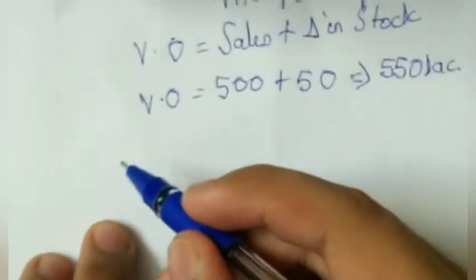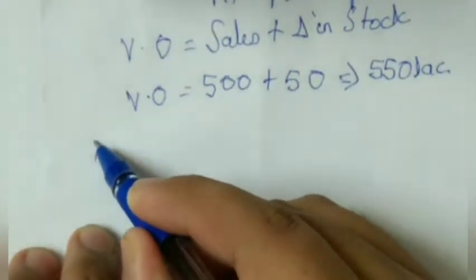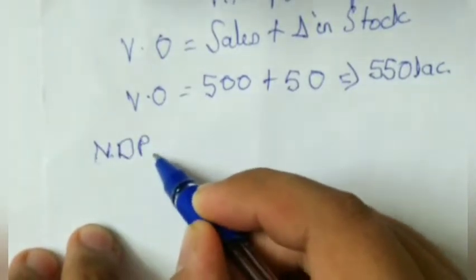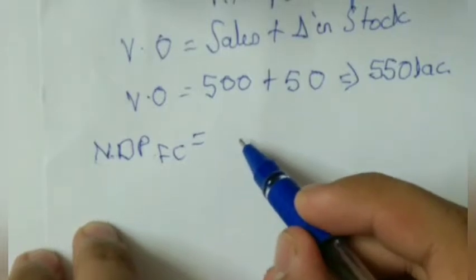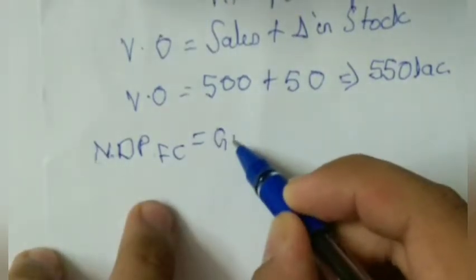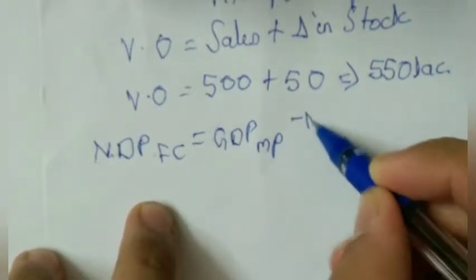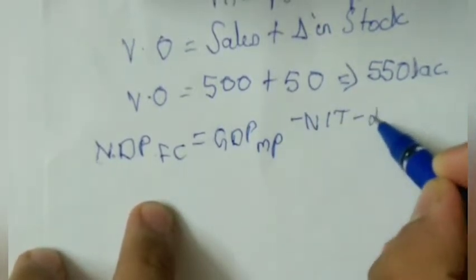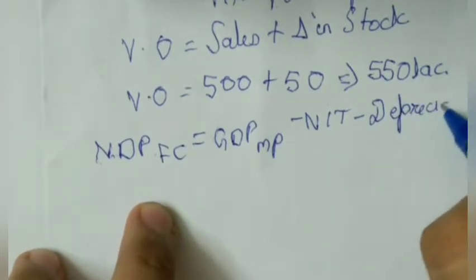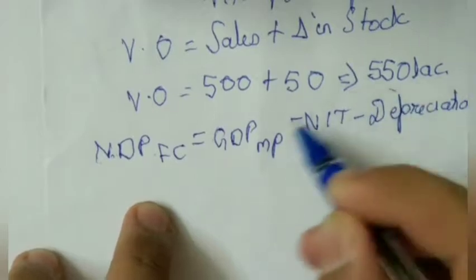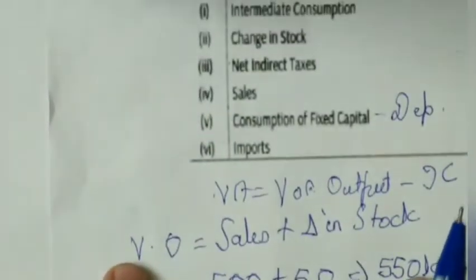Now how do we calculate net value added at factor cost? Net value added at factor cost is nothing but NDP FC, which is the same as net value added at factor cost. This will be equal to GDP MP minus NIT minus depreciation. So how do we calculate?